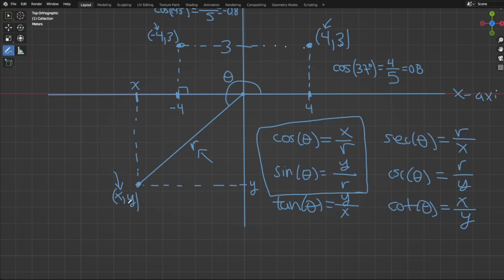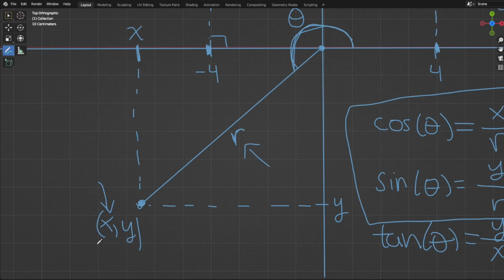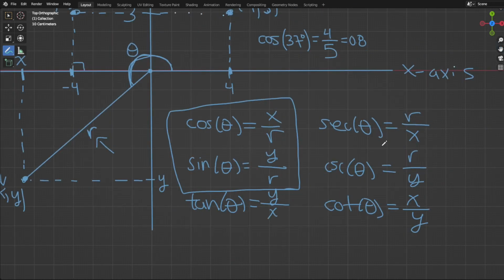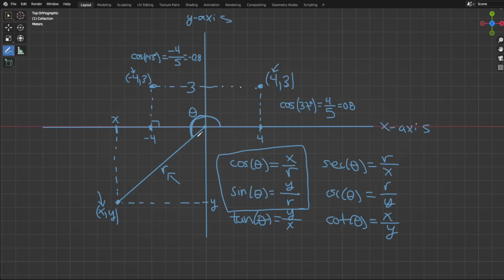And once I drop what adjacent, opposite, and hypotenuse mean, it says we can now handle angles that are greater than or equal to 90, or pretty much any angle from negative infinity to positive infinity, excluding those endpoints. And then you get this nice, simple, easy to understand definition of what cosine, sine, and tangent are, and how they can be expanded to handle larger values of the angle.